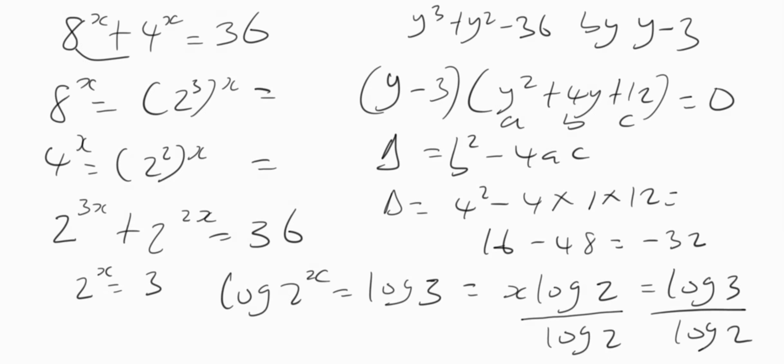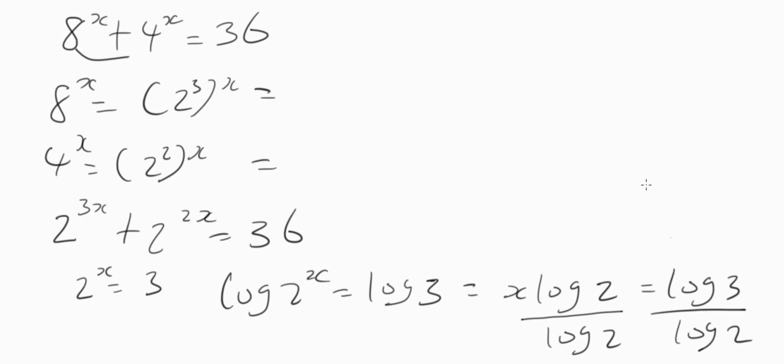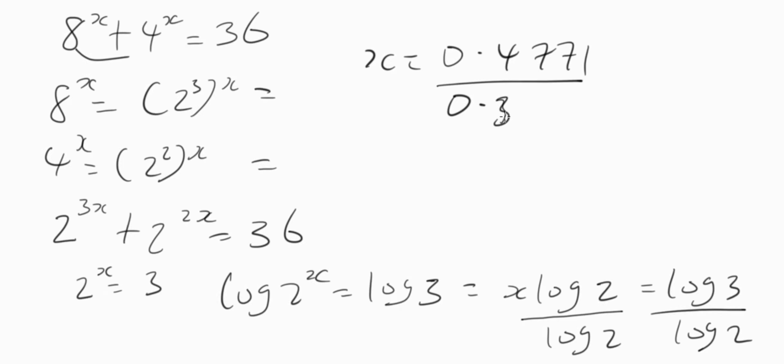Okay, we're almost done. Let me clean some parts of this board. To simplify this further, x will be log 3, which is approximately 0.4771, over log 2, which is approximately 0.3010.